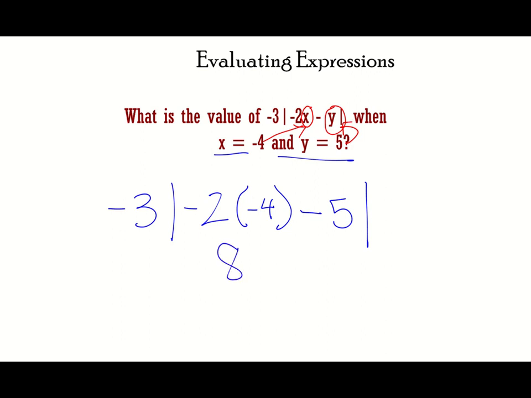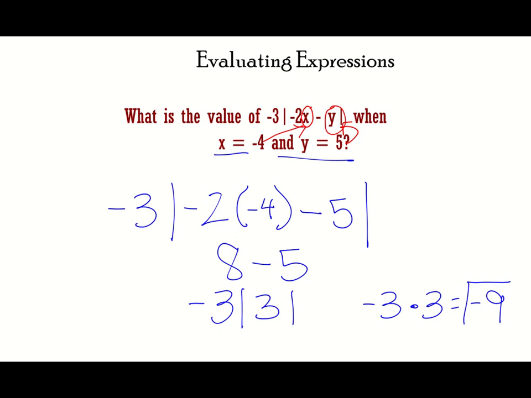So I'd have 8 minus 5. And I can see that that would be 3. The absolute value of 3, which absolute value, remember, is how far is it from 0? Well, 3 is 3 away from 0. So that's going to leave me with -3 times 3, which is equal to -9. So the value of this after I evaluate it is -9.